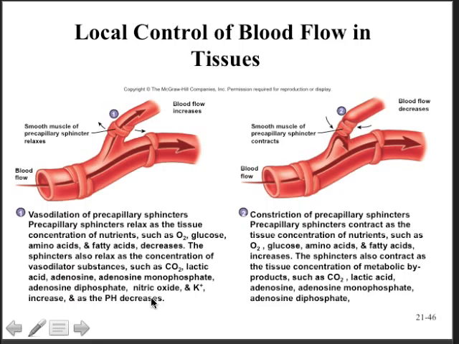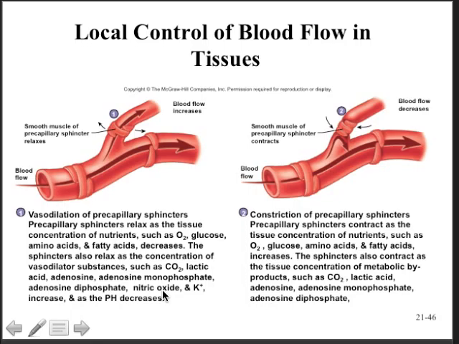The sphincters also relax as the concentration of vasodilating substances like carbon dioxide and lactate, adenosine and AMP and ADP, and nitric oxide and potassium increase, and also as the pH decreases. So most of these make intuitive sense, right?